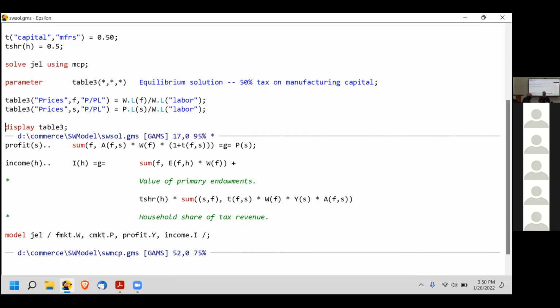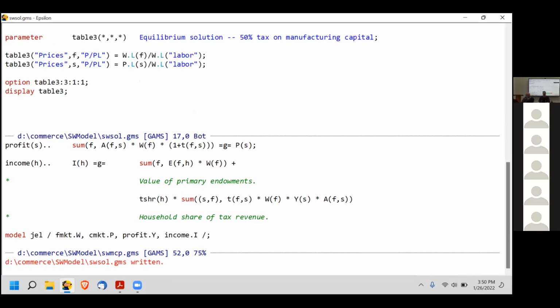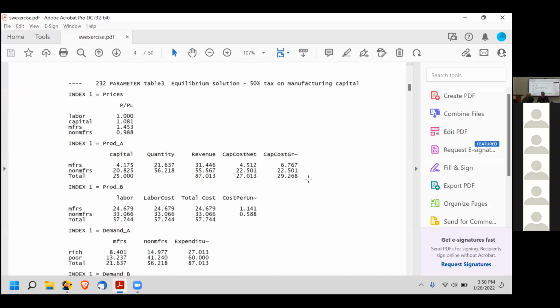Okay, and then we say just display. So we're going to say option table 3, :3, :1. This is just when you're running GAMS and you want to get stuff coming back and you have lots of different dimensions. The option statement is really useful because you can control how it gets formatted. In this example, the formatting is one index on the table, one index on the row, and one index on the column.